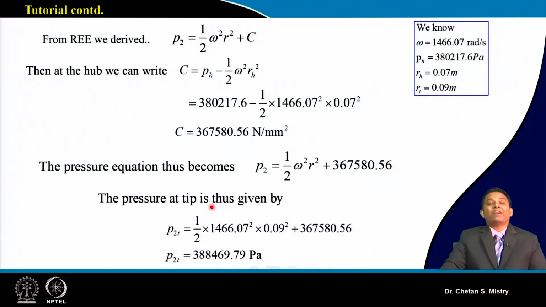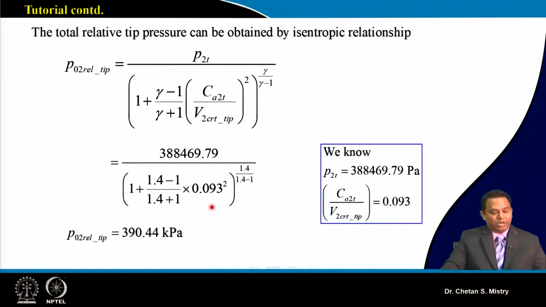But what exactly are we asked for? We are looking for our relative total pressure at the tip. So let's go with that part. This is the formulation we have already derived in our last lecture, so straightaway we will put that equation.